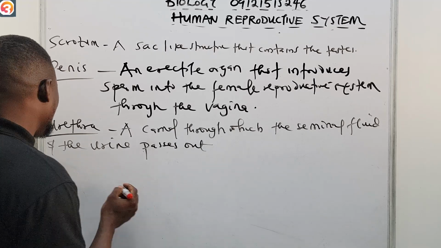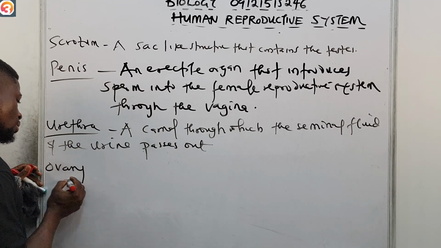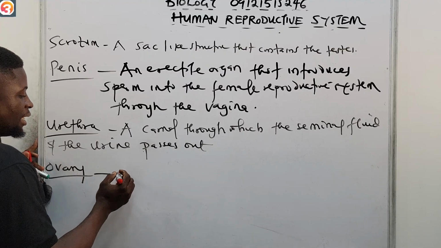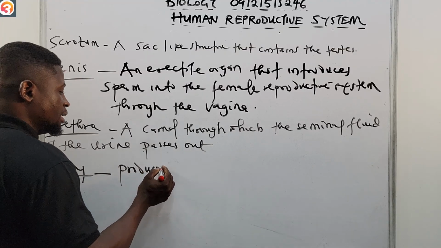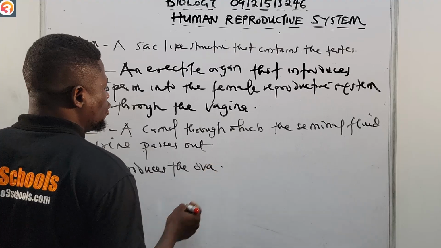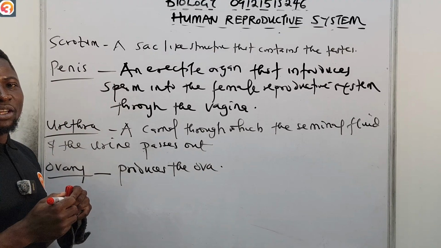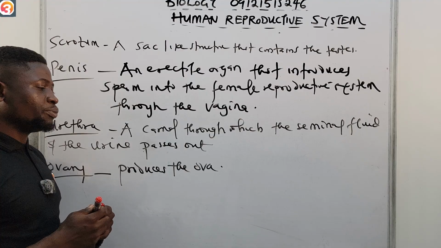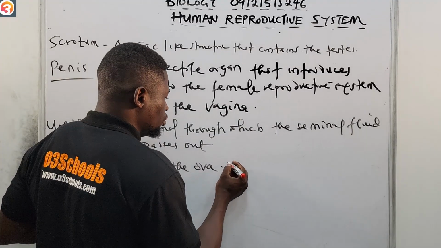So now let's talk about the ovary. I will say that the ovary produces the ova. What else does the ovary produce?